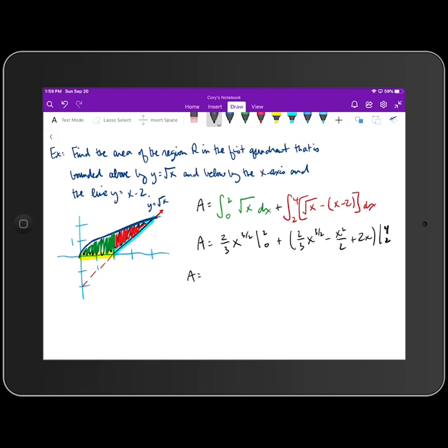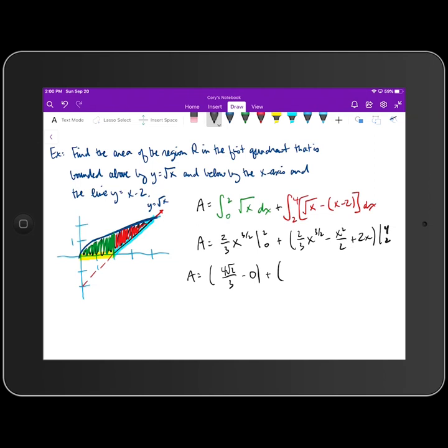Okay, so when I plug 2 in, the square root of 2 is rad 2, 2 cubed is 2 rad 2, times 2/3 is 4 rad 2 over 3. Minus, when we plug in 0, we get 0.